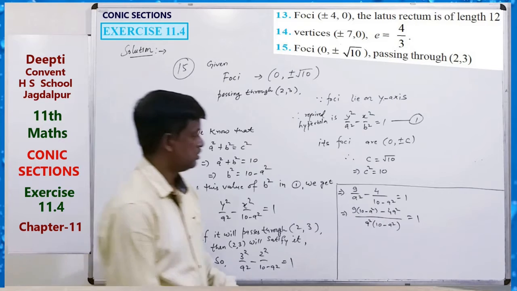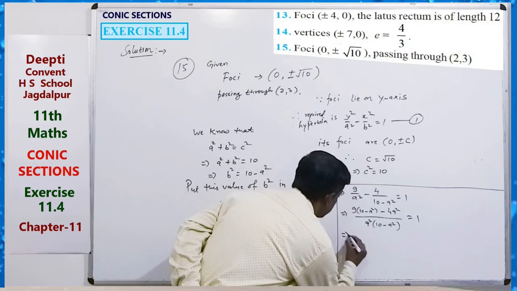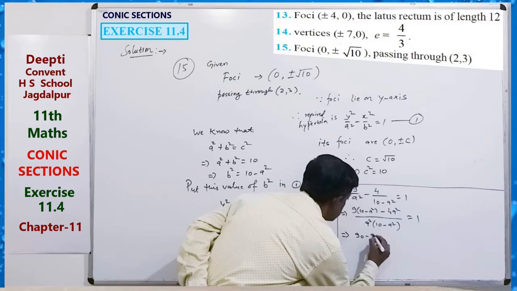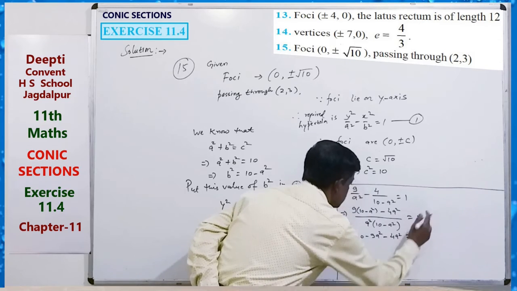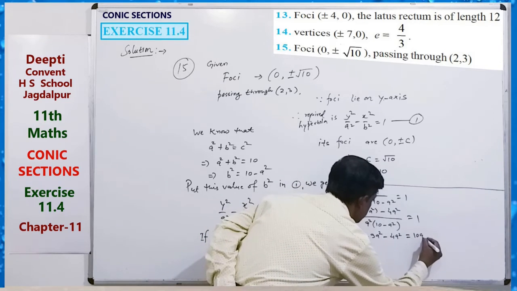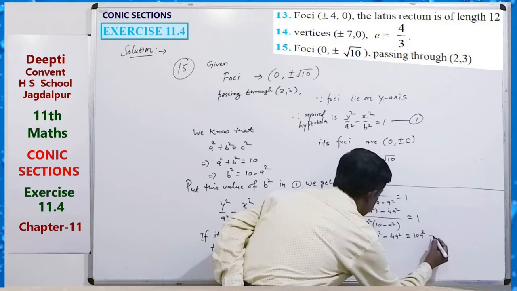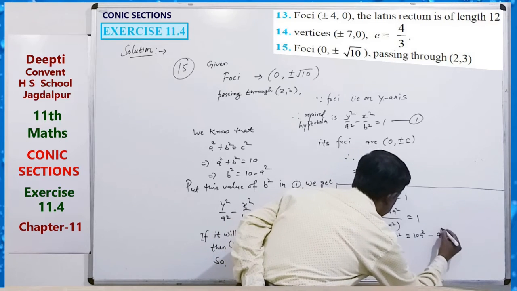So here 90 minus 9a square minus 4a square equals, transferring this to here, 10a square minus a power 4.